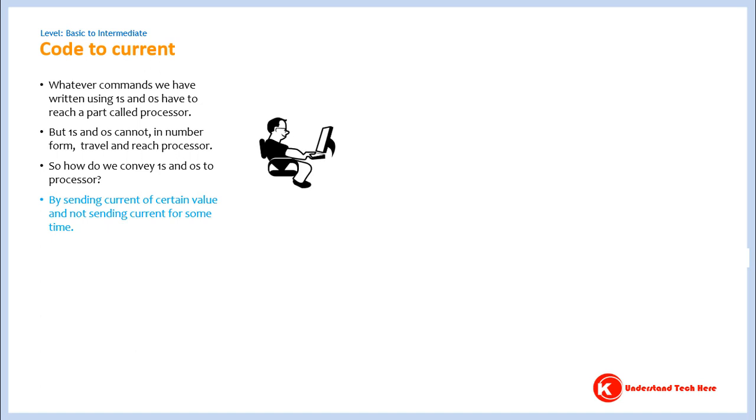Okay, a person is sitting at his computer and let's say he typed ones and zeros. Now these ones and zeros, as we said, have to reach the computer. The ones and zeros are traveling. The sad thing is, ones and zeros cannot travel as numbers, as I just showed here.